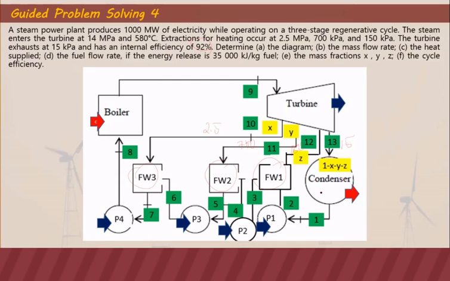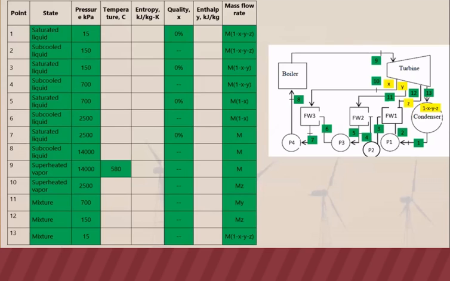As you can see here, we have different points, and we're going to tabulate and determine the enthalpies at the various points. So we have 13 points. So we are going to use this diagram to determine the properties at the different points.